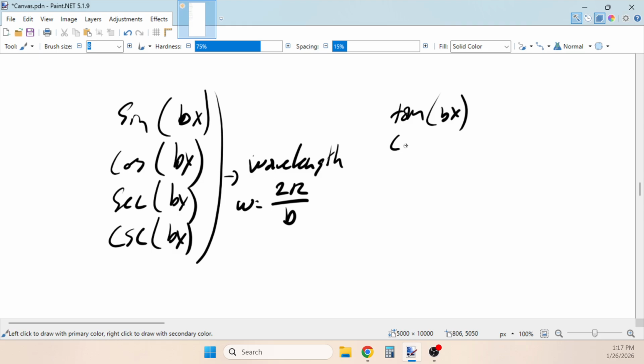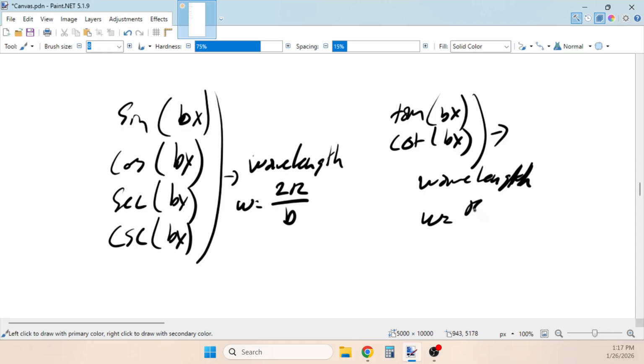Well, cotangent wavelength is pi over B.